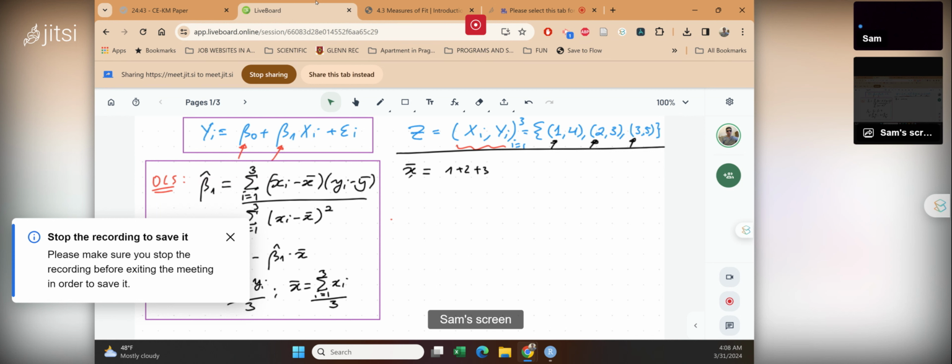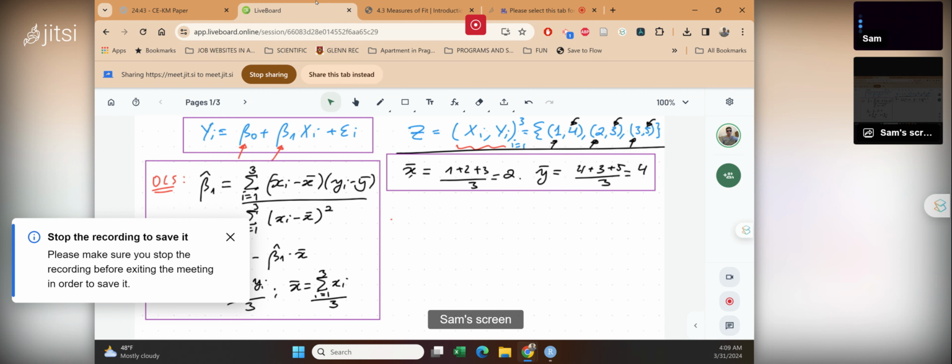If you take the first value within each parenthesis, you get 1, 2, 3 divided by 3. That gives you 2. And to find y bar, you take the second values for each tuple. So you get 4 plus 3 plus 5 divided by 3, which is 12 over 3, which is 4, right?